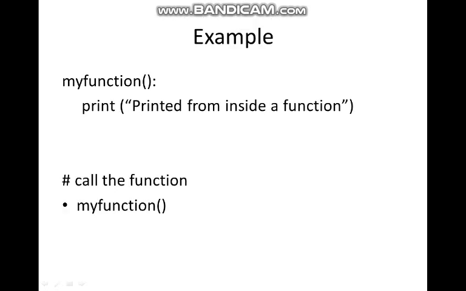For example, I am creating a function named my function. These parentheses are mandatory, though here we are not receiving or not passing any value, we are not giving any value to this function. Colon, and then only one statement is inside the function body, which is a print statement, printed from within a function. There is a string that is being printed here.